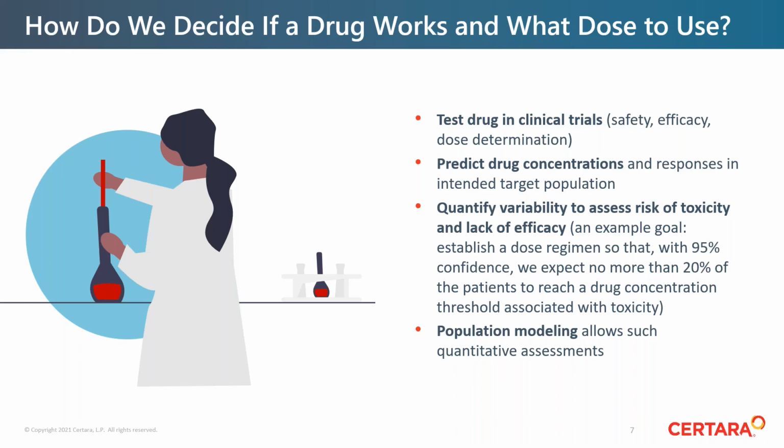So you know within a confidence interval, typically 95%, that no more than say 20% of the population will reach any toxicity. And then you maybe have suggestions for how to modify and monitor, called therapeutic drug monitoring (TDM), to manage those dose levels afterwards. And population modeling, importantly, allows us to make these quantitative and predictive assessments.